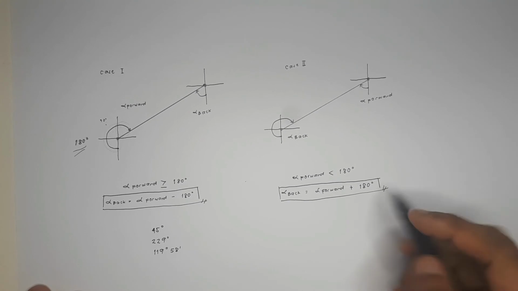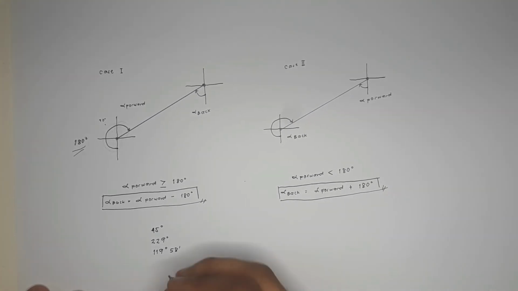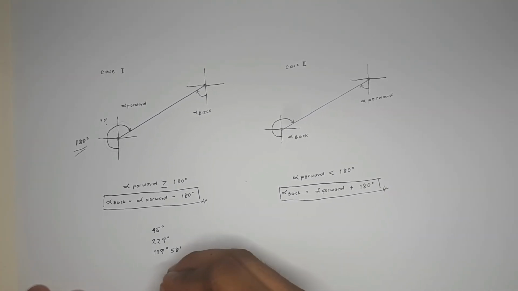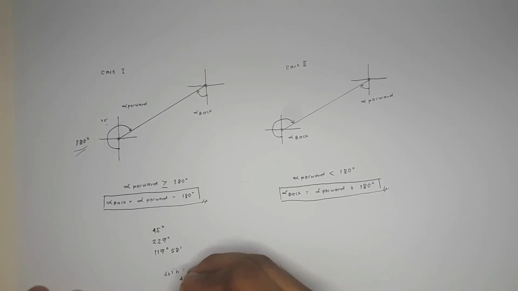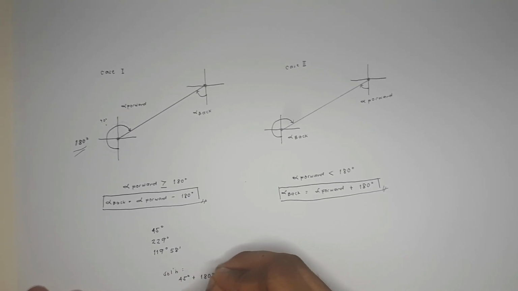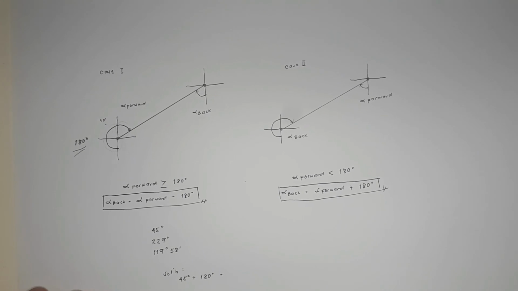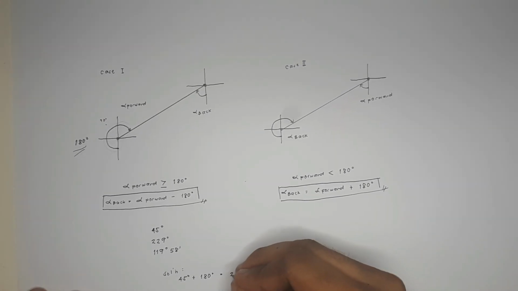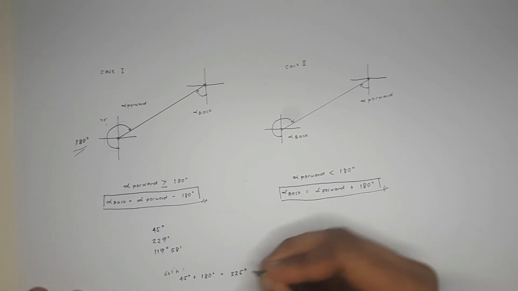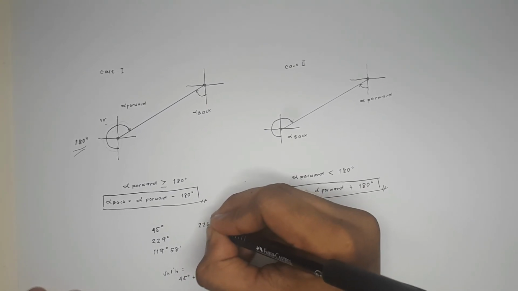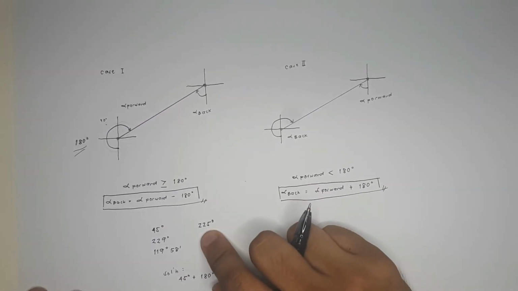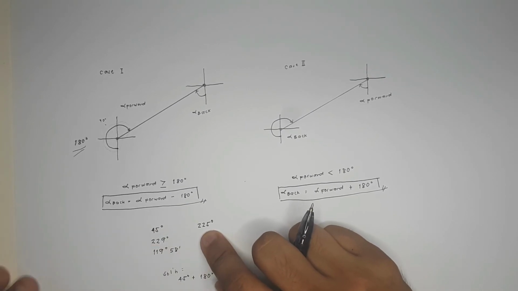So we will be using this formula. 45 plus 180 degrees will give us 225 degrees. So this will be the back azimuth of 45 degrees.